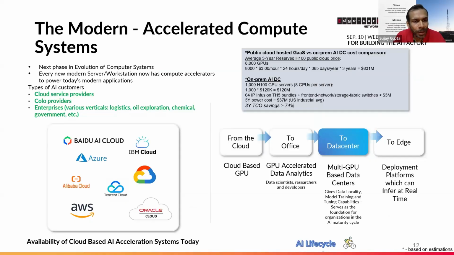So now we talk about what's the new thing which is coming up. We all know AI GPUs are the new thing coming up, right? But the message here is that when a company is migrating its services or its operations to AI-enabled processes, then in the AI lifecycle, the typical journey is you start everything from the cloud. So you have multiple cloud providers, as you can see on the left-hand side.